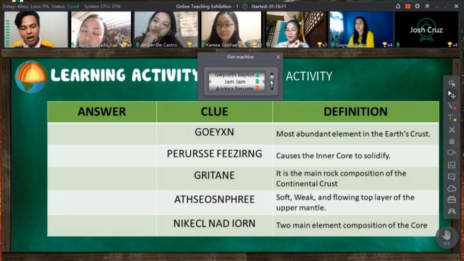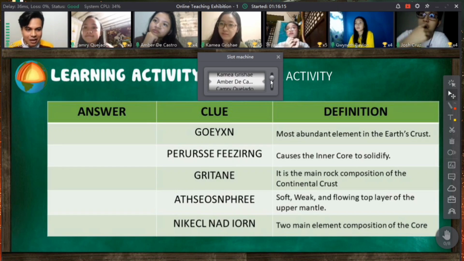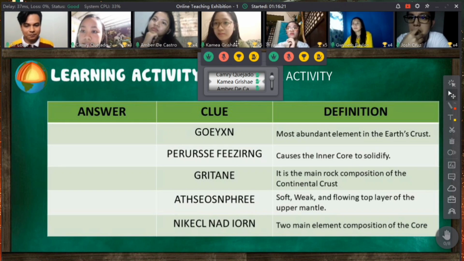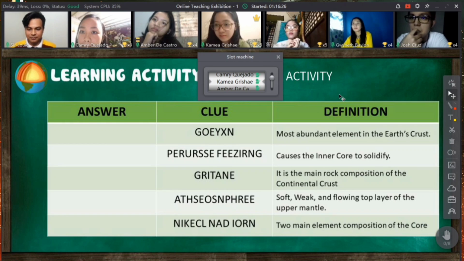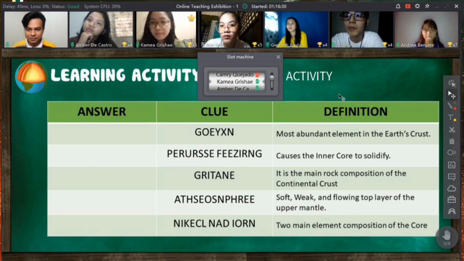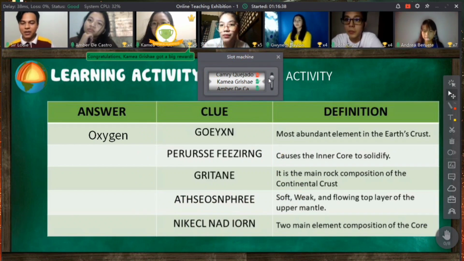For number 1, most abundant element in the Earth's crust. Please type in your answer, Kameya. Okay, very good. The correct answer is oxygen.